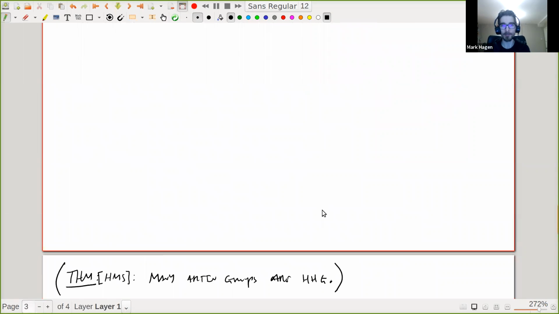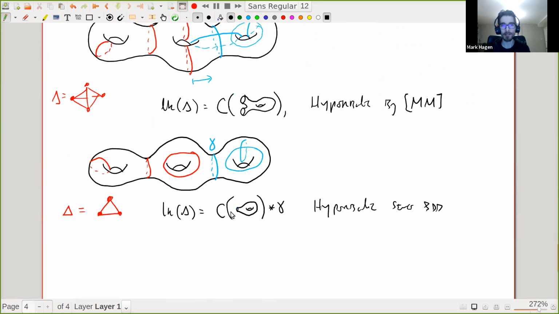So this is the link of a slightly different simplex, and that's a simplex there. So it has this join structure. So since individual links of simplices can have this join structure, that's the best you can say about intersections of links. So that's why we have that condition.